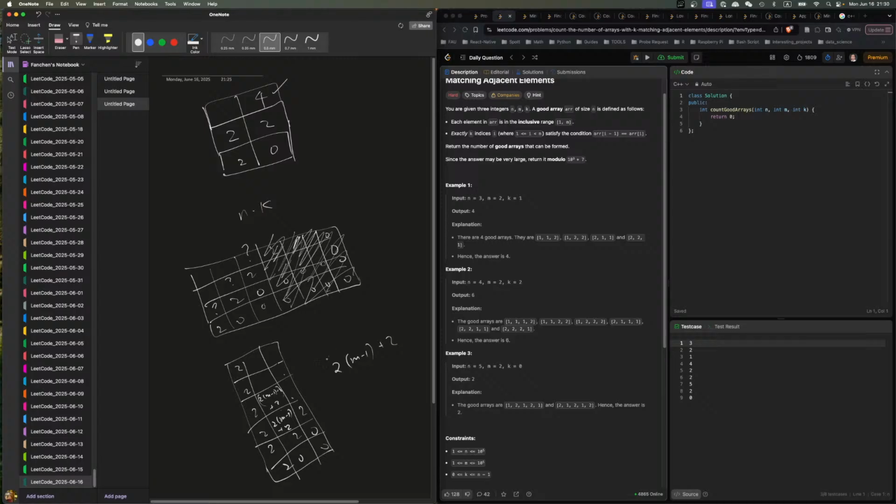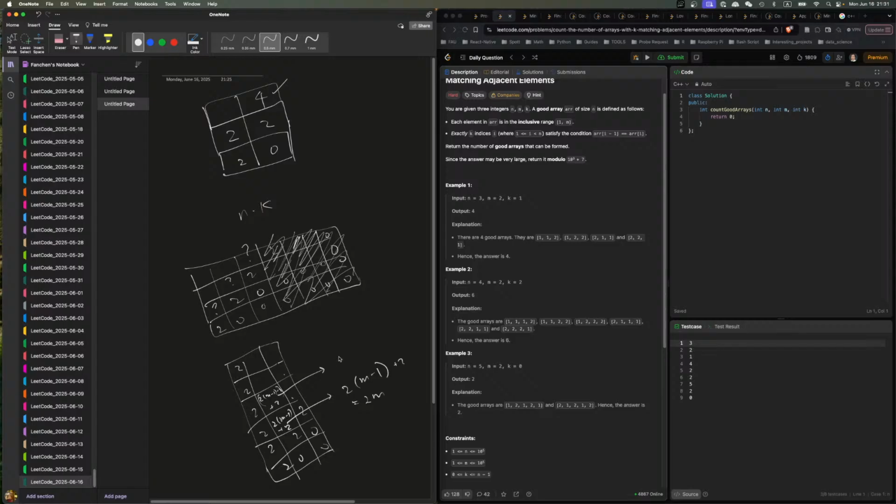Which means this is going to be 2 times n minus 1 plus 2, which is 2m.